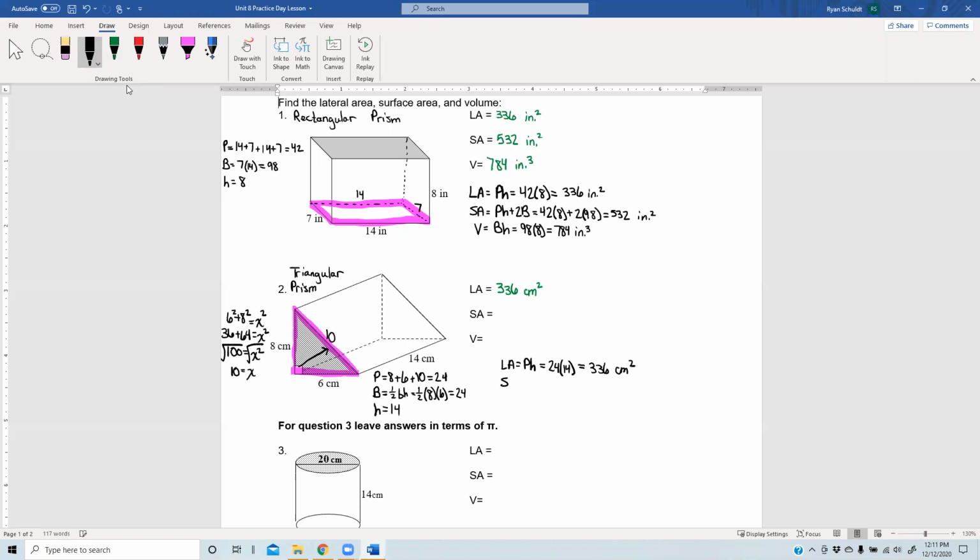Now we need total surface area. So pH plus 2B. It's going to be 24 times 14 plus 2 times 24. That'll be 384 centimeters squared. So let's write that up here, 384 centimeters squared.